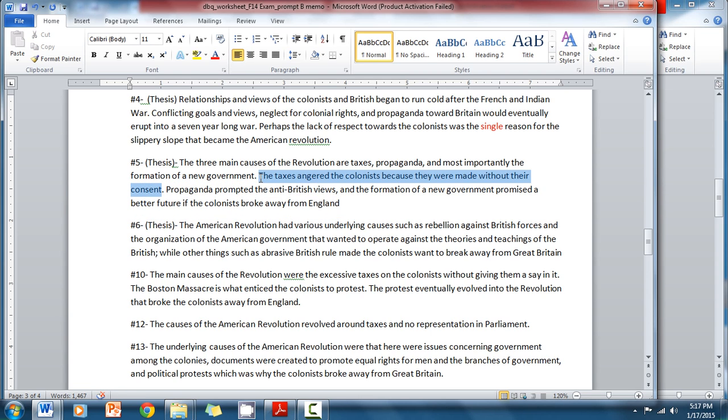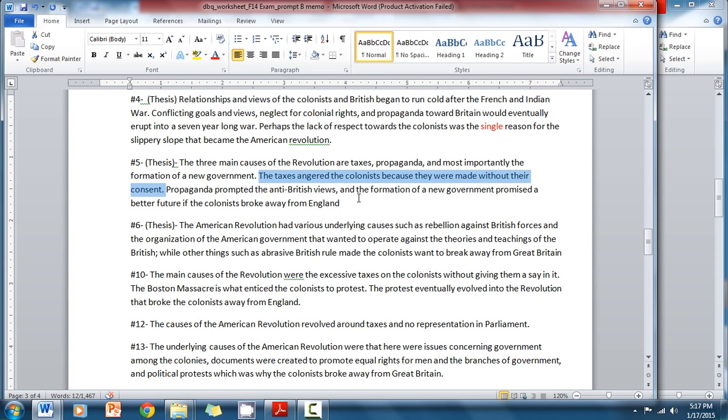That needs to go into body paragraph 1, because how you have this thesis set up, in the first paragraph you only talk about the taxes. In the second paragraph you only talk about the propaganda. In the third paragraph you only talk about the formation of the new government, or this attempt to form a new government. So this doesn't fit well in the thesis, because it's not an overview of your stated claim.